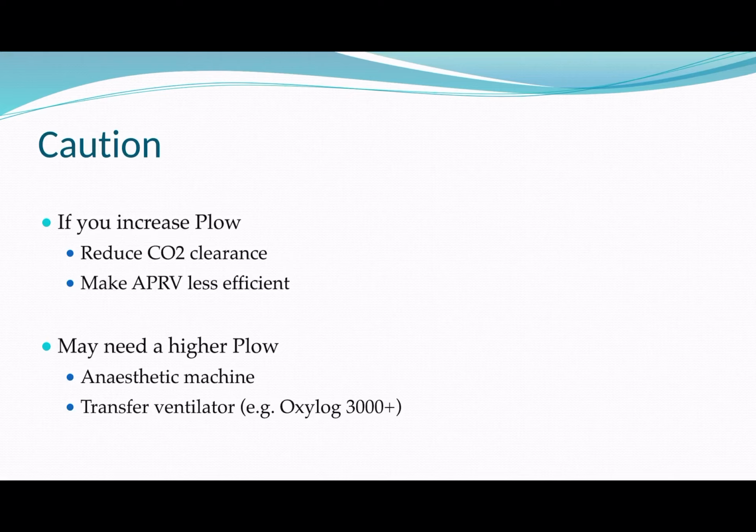And as such, you may well need to have a small amount of P low, or PEEP is usually what those two ventilators will be set at, 5 or 10, just to maintain some alveolar recruitment. But be aware that by doing so, you are going to reduce the efficiency of CO2 clearance.